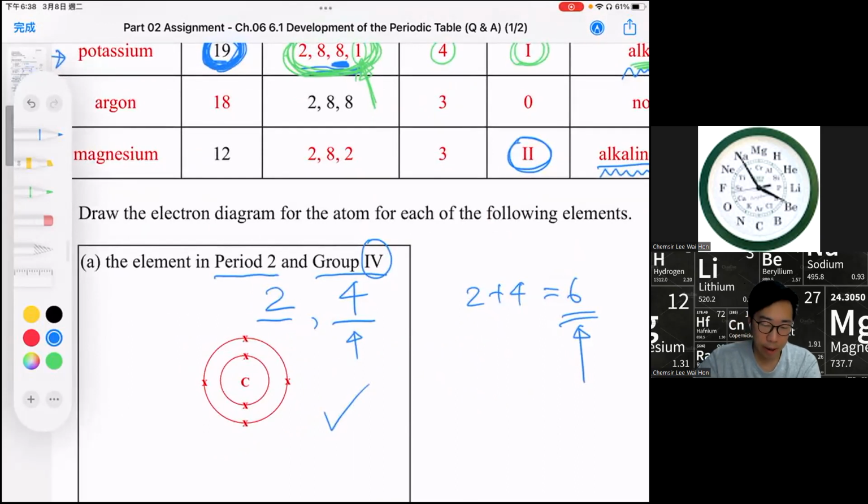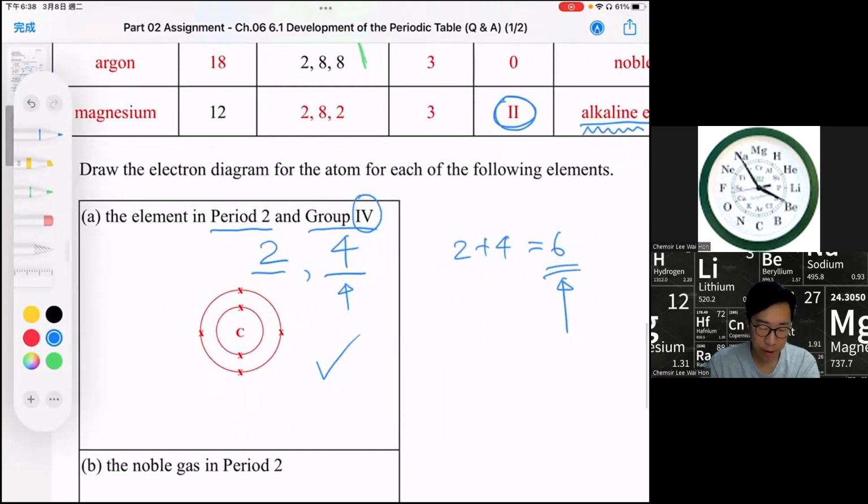Okay. Then how about B? Before we look at the answer, period 2. So how many occupied electron shells are there? Just like before, period 2, 2 occupied electron shells, and the first shell must contain 2 electrons, and then noble gas.